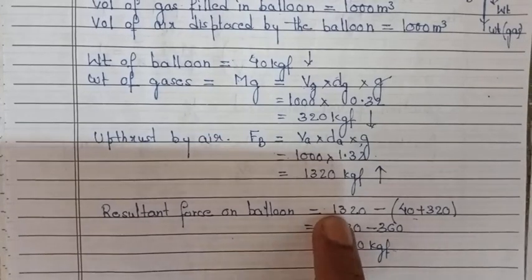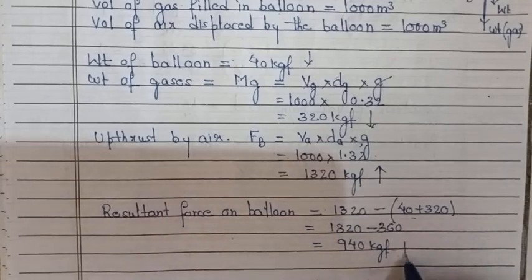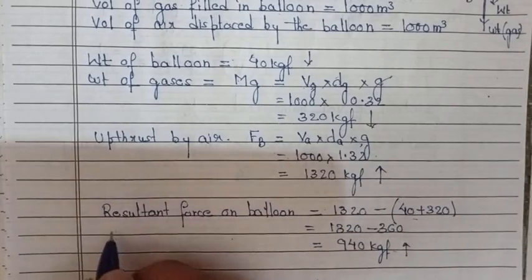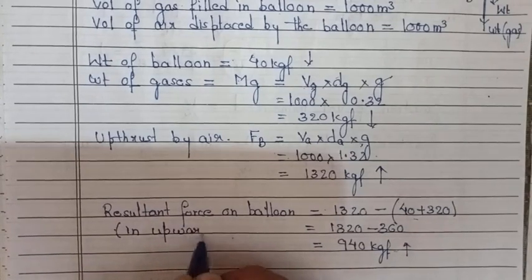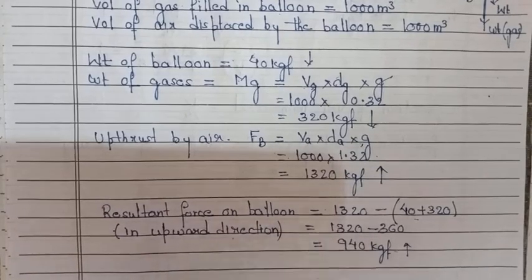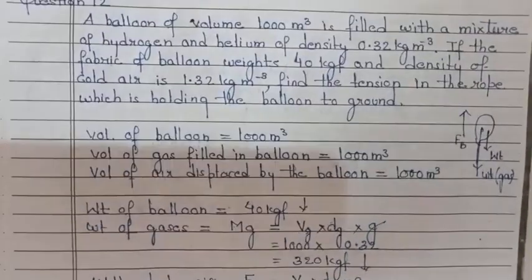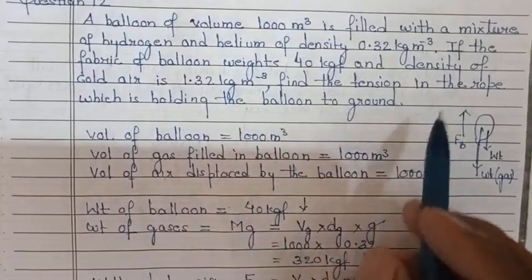As you can see, the upward force is more, so the resultant force on the balloon will be in the upward direction. That means the balloon is trying to move in the upward direction. Now this balloon is being held with the help of a rope.